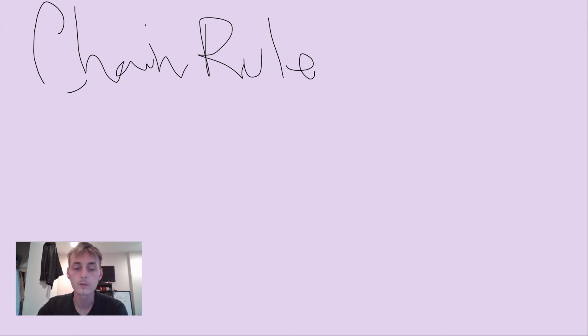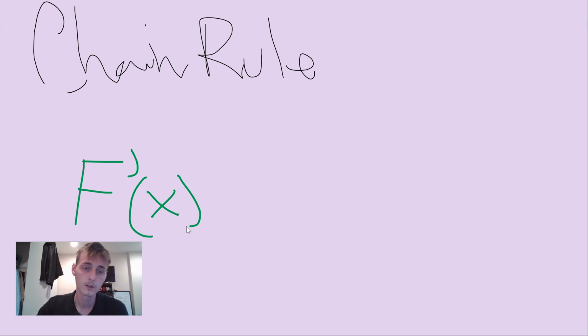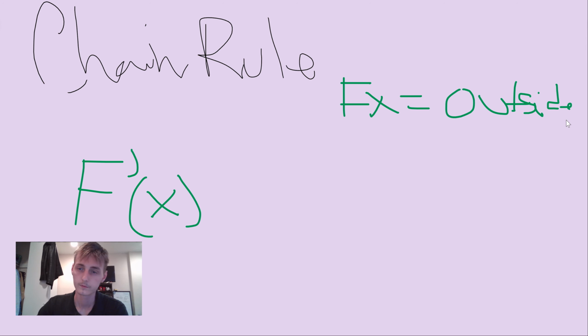One common error is that sometimes you will see that someone takes the derivative of the outside. So f prime of x, where f of x is the outside, and g of x is the inside.